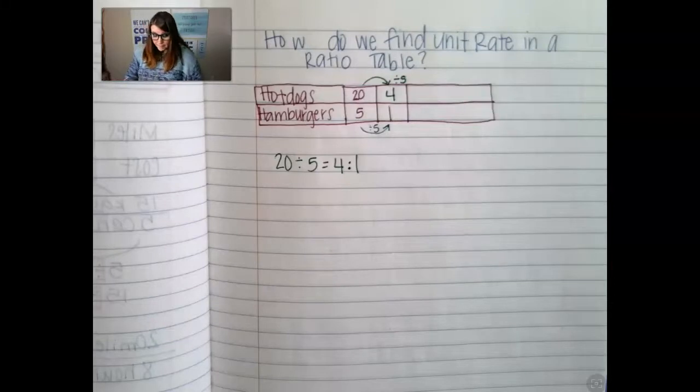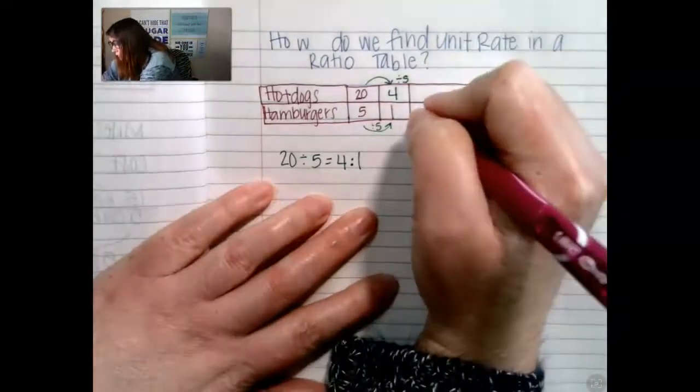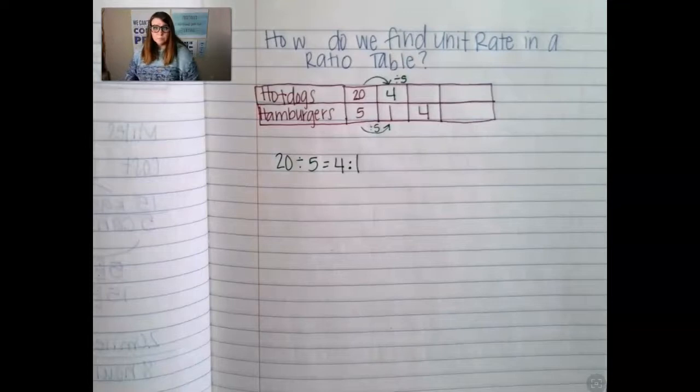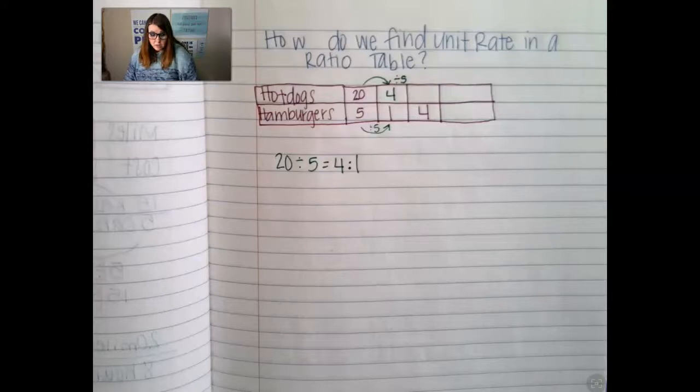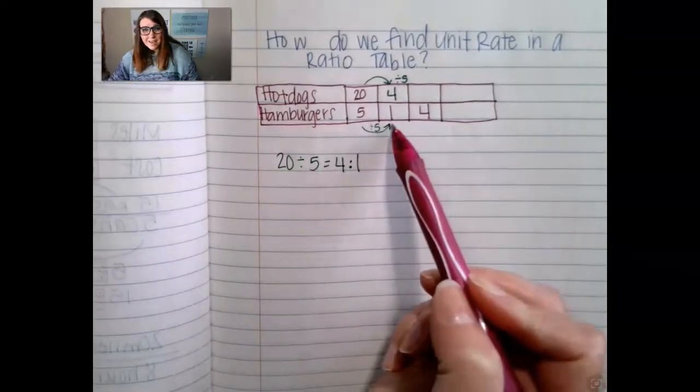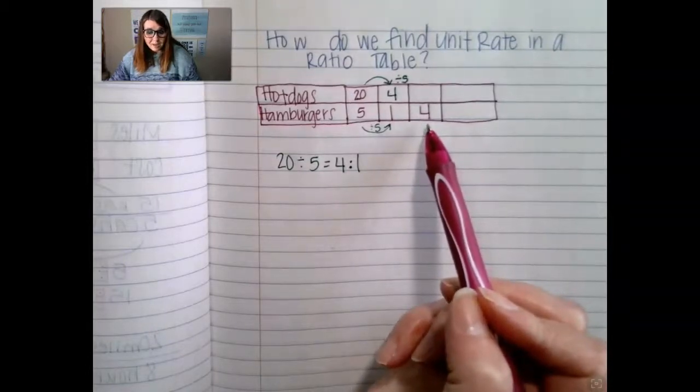Okay, but let's say that I sell 4 hamburgers. How many hot dogs do I sell? Well, now that we know our unit rate is 4 to 1, so for every 4 hot dogs, I'm selling 1 hamburger, I can use this ratio right here, 4 to 1, and just multiply forward every time.